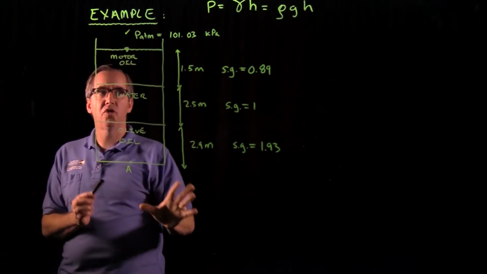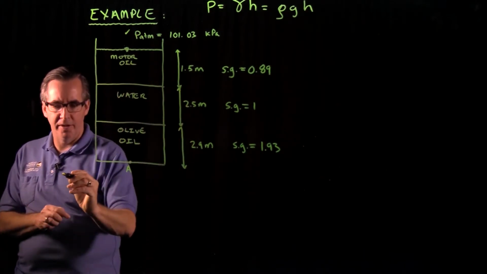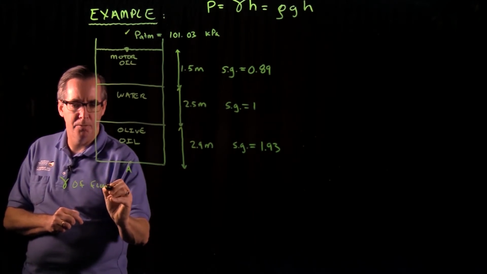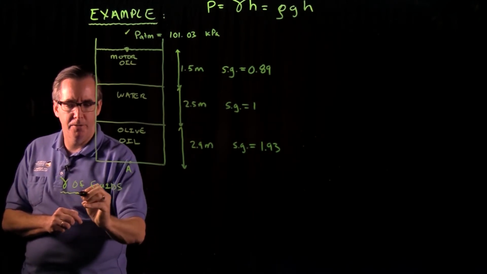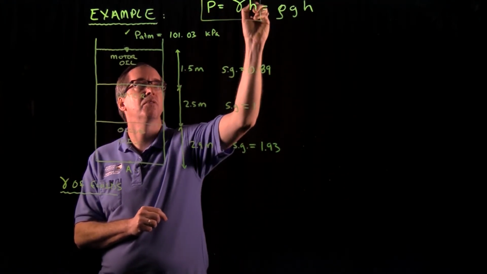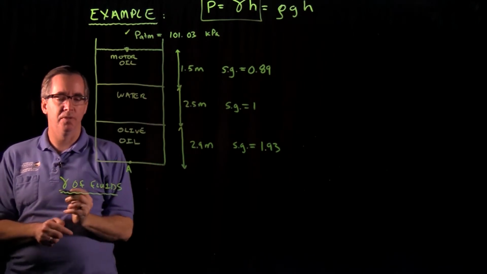I'm going to start by computing the specific weights of the different fluids, because we're going to need that in our equation. When we go back to this equation, basically what we're going to be doing is summing up all the individual pressure terms.